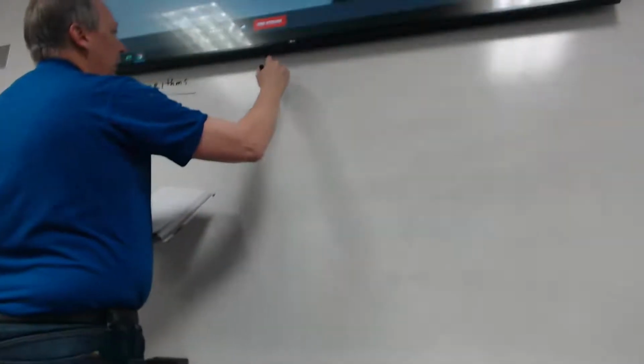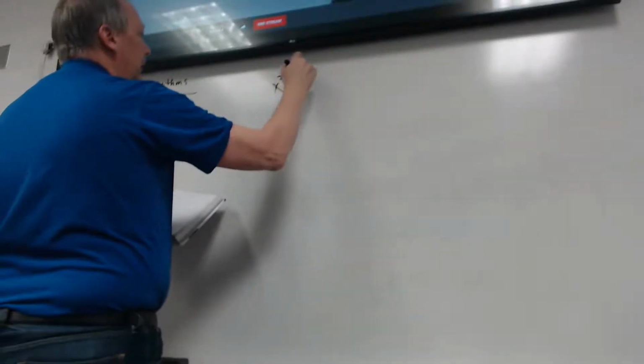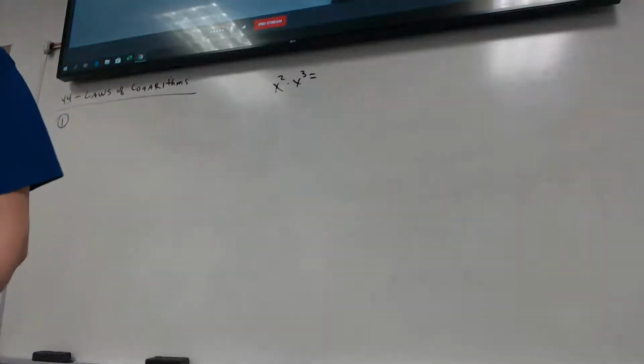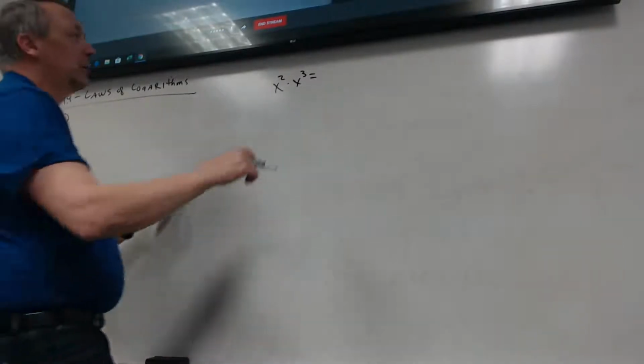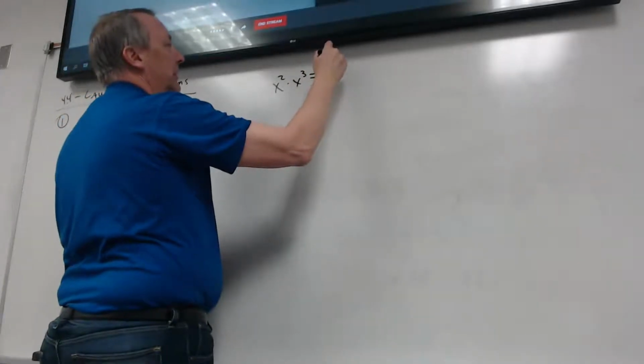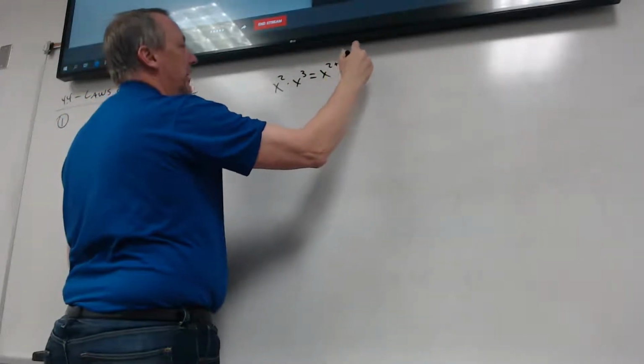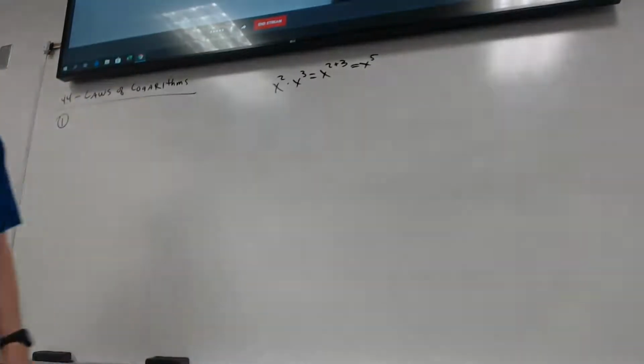I'm going to have three rules here, but before I give you the rules, if you had x squared times x to the third, what do you do with the exponents? You would add them, right? x to the 2 plus 3 equals x to the fifth power. Does that make sense? Now remember, logarithms are ways to deal with exponents.